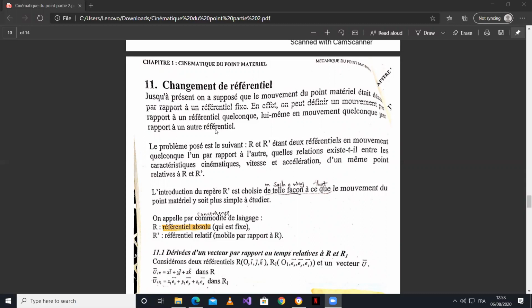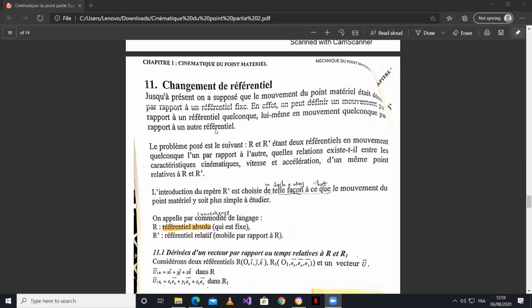We are going to try and find these expressions for a point that is involved in this more complex movement of one repère moving with respect to another referential. So we'll be studying the cinematics behind that. We'll try and find the velocities and the accelerations.